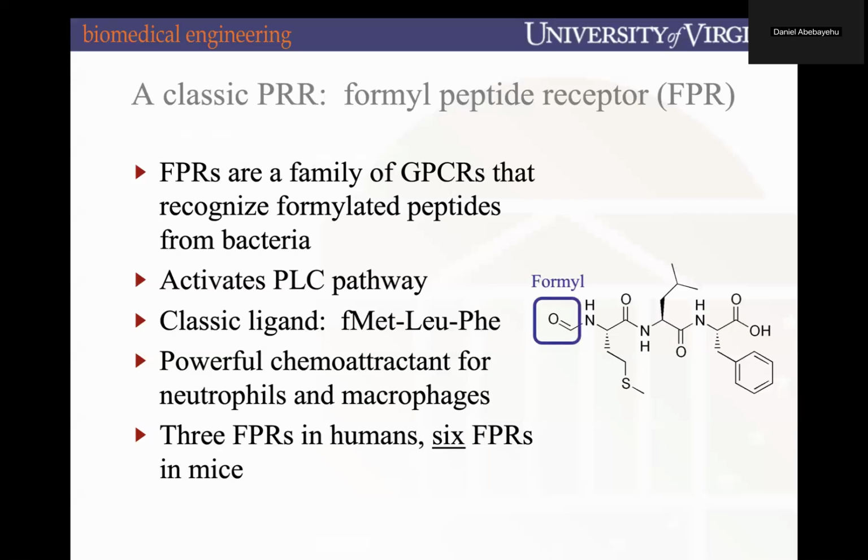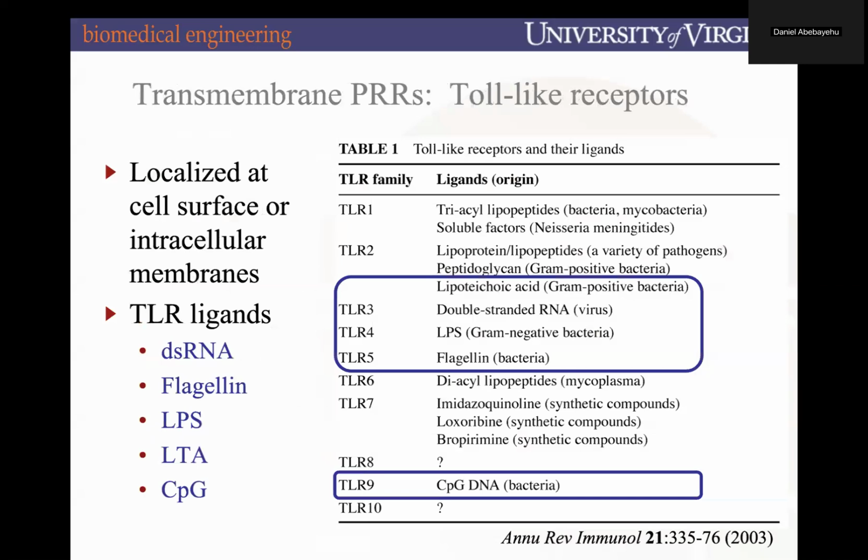And so this is the formyl group on that methionine amino acid here. Another family of pattern recognition receptors, the most well-characterized and most well-known, are toll-like receptors, or TLRs. They're called toll-like because they resemble a family of genes originally discovered in flies, toll receptors.